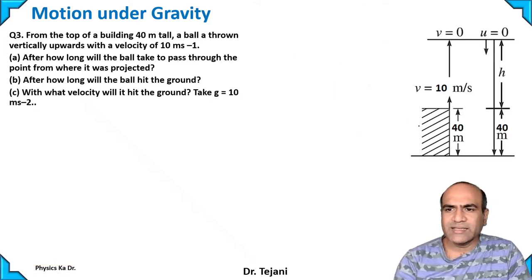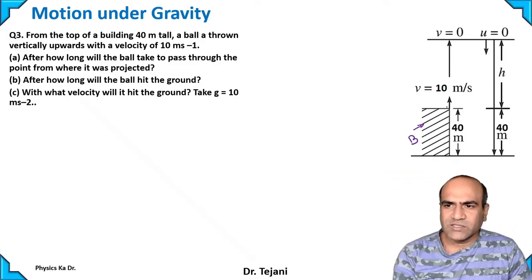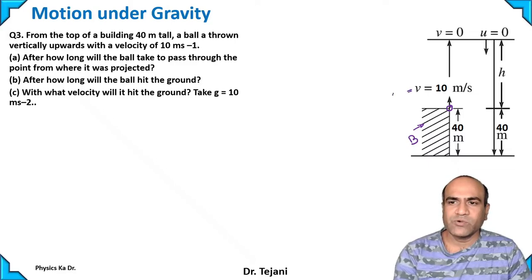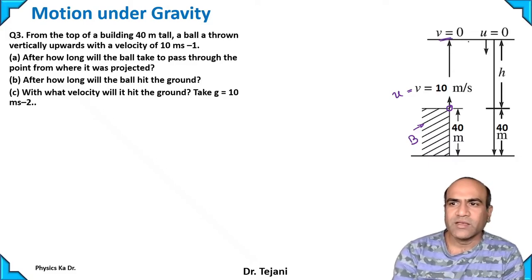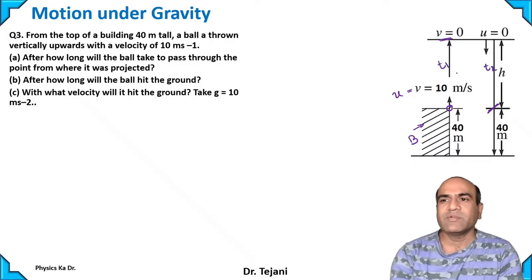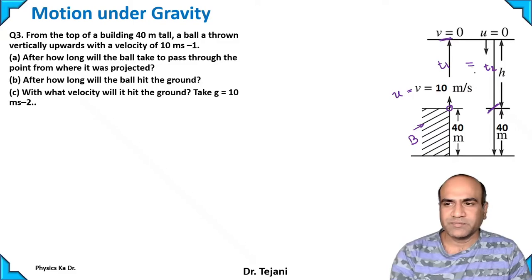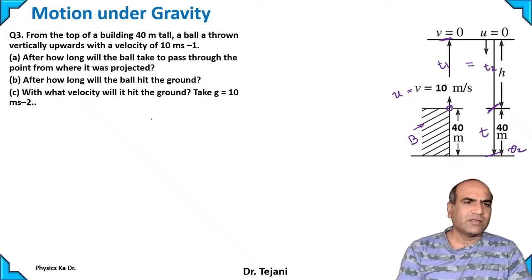A building 40 meters high is given, and from the top someone throws a stone upward with initial velocity u of 10 meters per second. It reaches the top position and returns here, and we need the time t1 plus t2. Both are equal, so it becomes 2t. We also need the total time and v2.